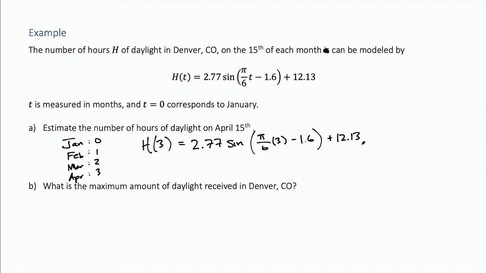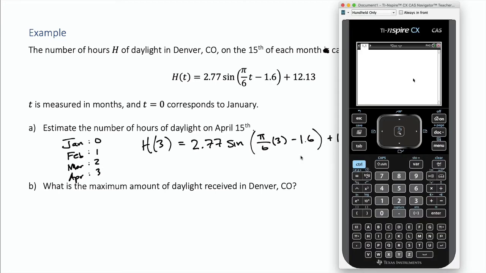Now, there's an important thing to know about sine functions. The input of a sine is an angle, and it can be measured in degrees or in radians. We're always going to be working with radians unless it says otherwise. When we type this into our calculator, depending on your calculator, there's going to be a way to tell the calculator if you're using degrees or radians. On my calculator, it tells me right up here on the top right what I'm in.